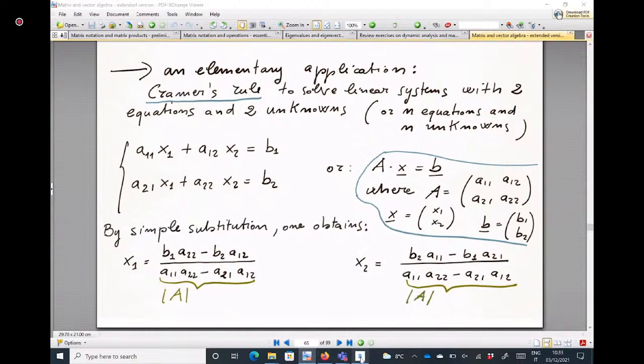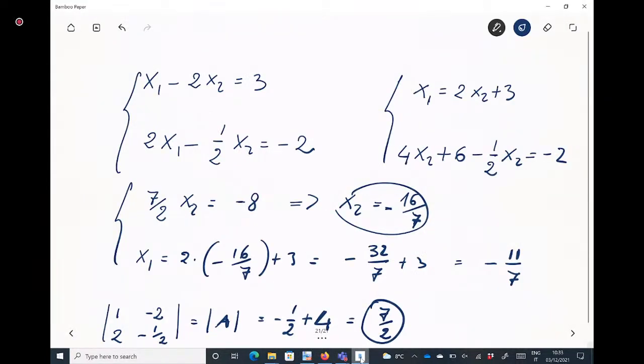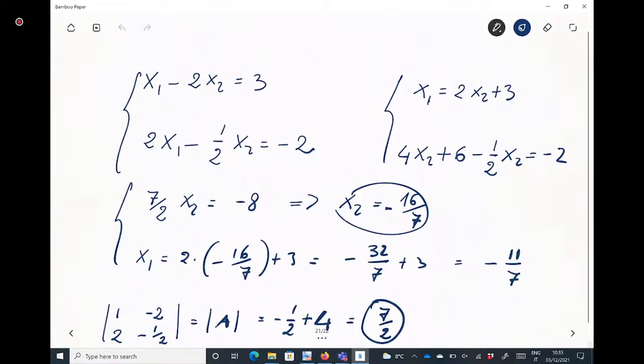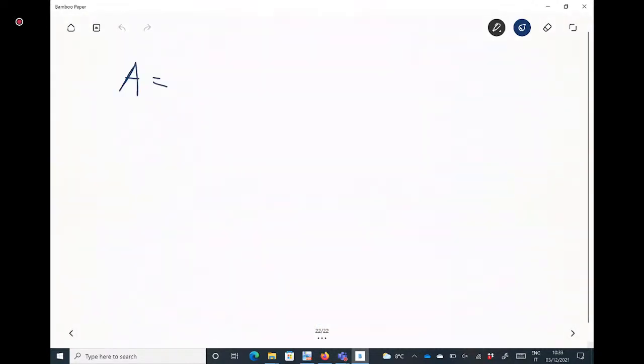So for instance, in our example, we could obtain, if this is correct, because if I didn't make any mistake, we can obtain the solution also in this way. The coefficient matrix A was equal to 1, minus 2, 2, minus 1/2. Okay?